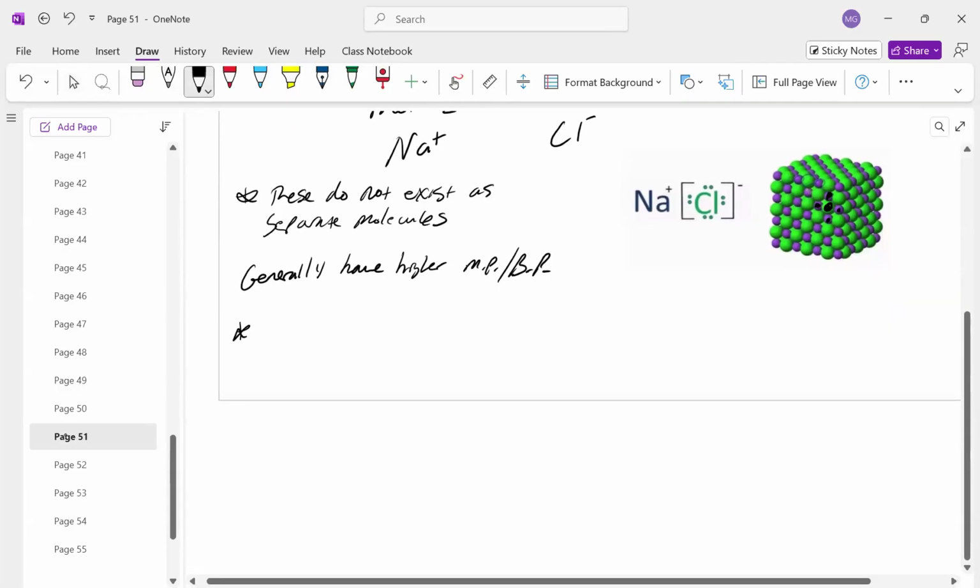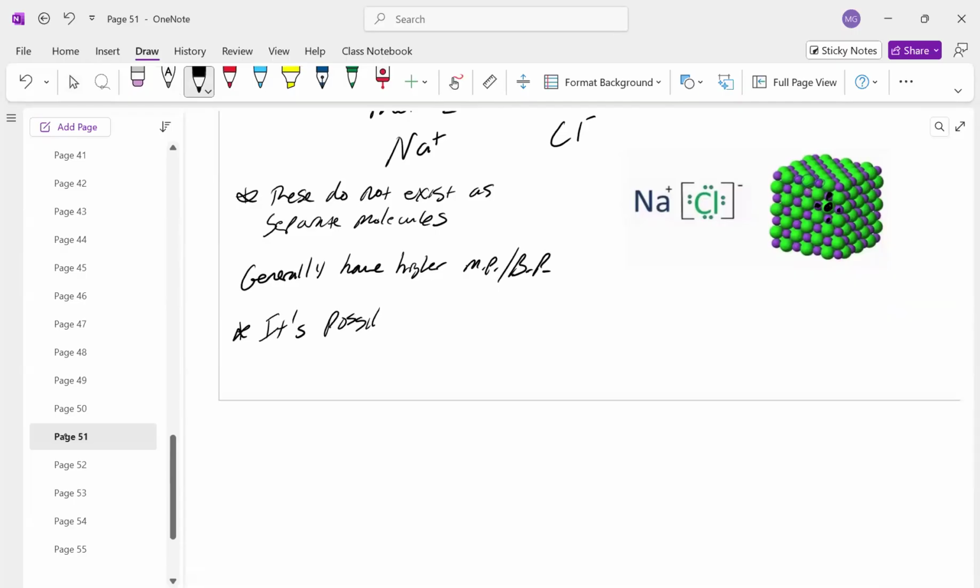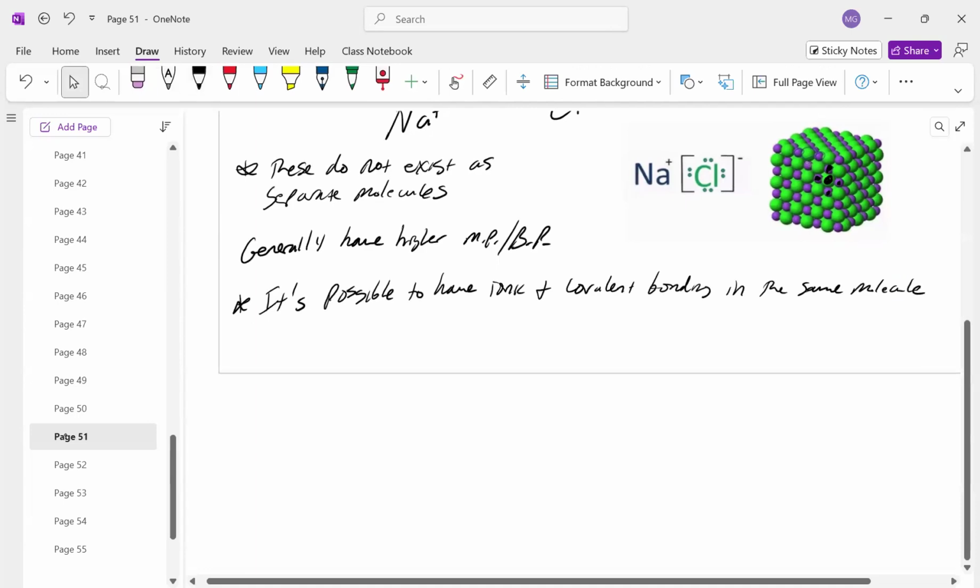And one thing to highlight before we leave this category is it's possible to have ionic and covalent bonding in the same molecule. And we see this when we are dealing with polyatomic ions.